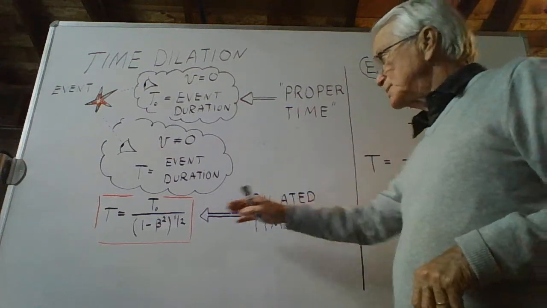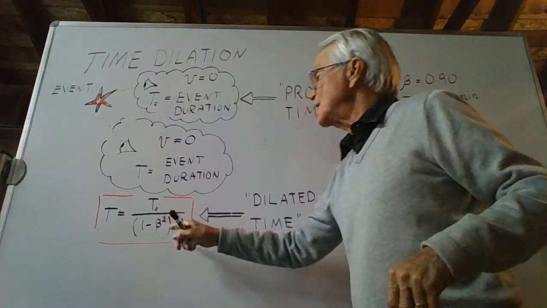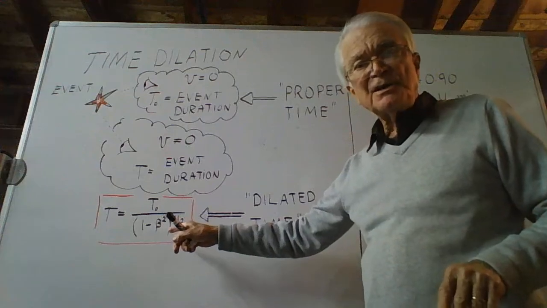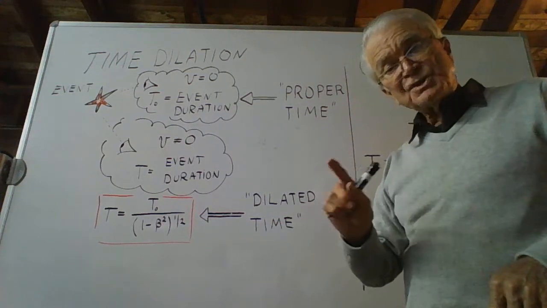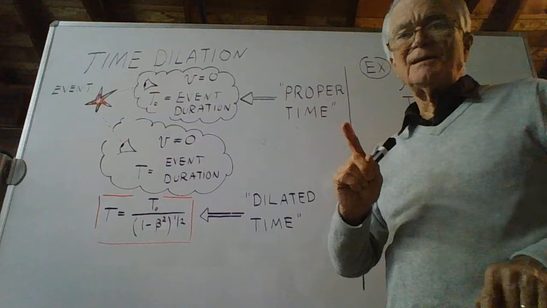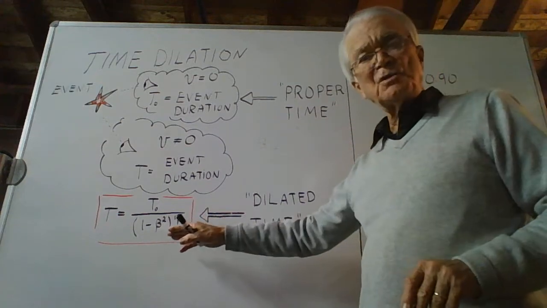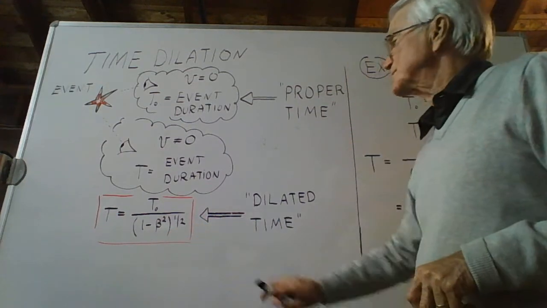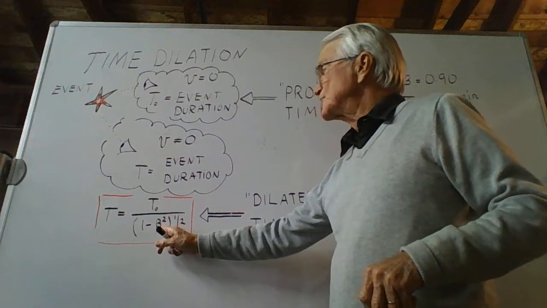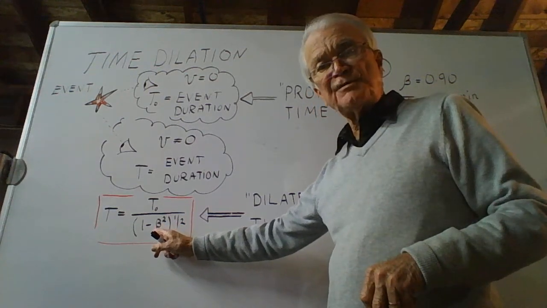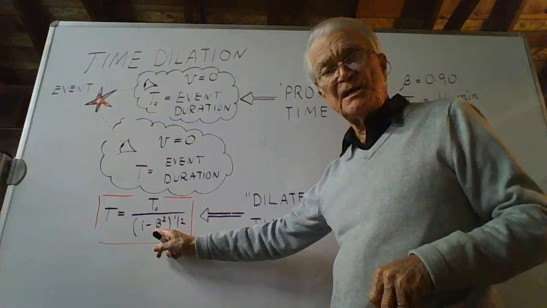You can see that t is longer than t naught because the denominator is a number at best equal to 1 and for sure otherwise less than 1, because beta is a fraction less than 1. It's the ratio of v to c.